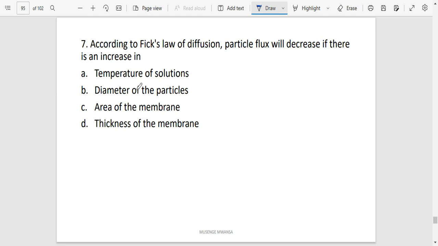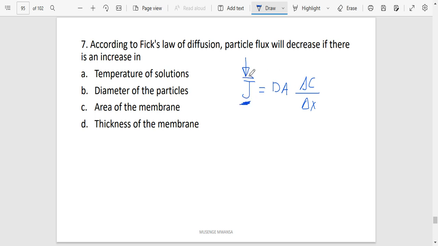According to Fick's law of diffusion, particle flux will decrease if there is an increase in... Now, as we saw from Fick's law of diffusion, the equation was D A delta C divided by delta X, meaning that according to Fick's law, particle flux would decrease if... What can cause a decrease in the rate of diffusion?